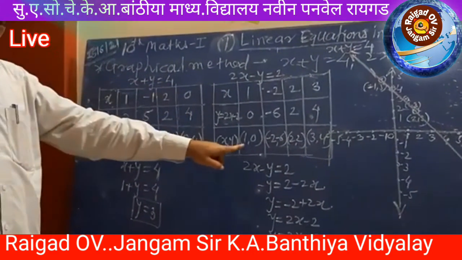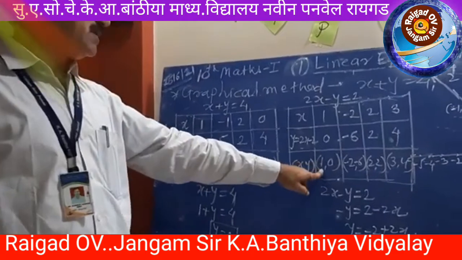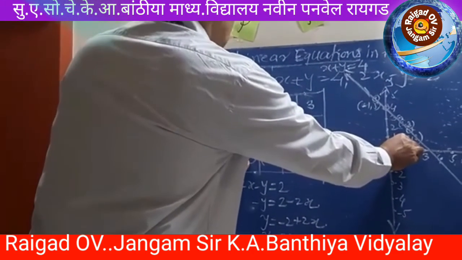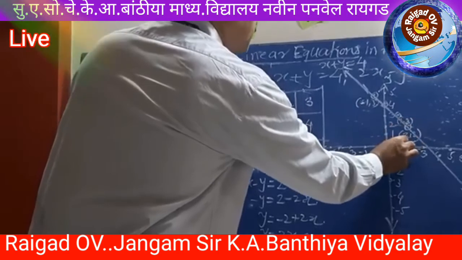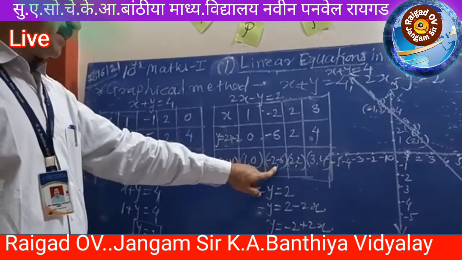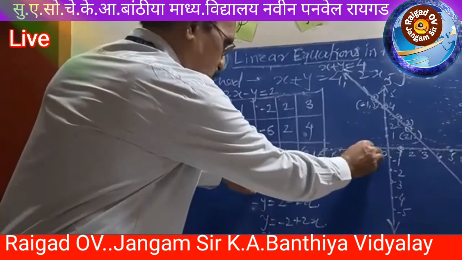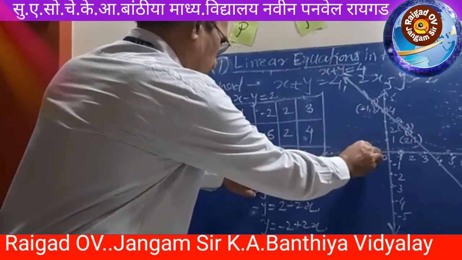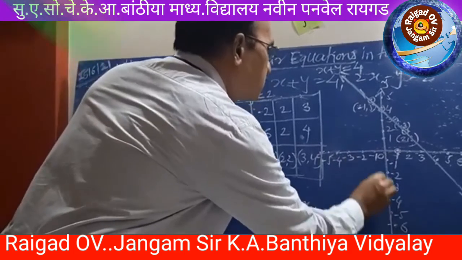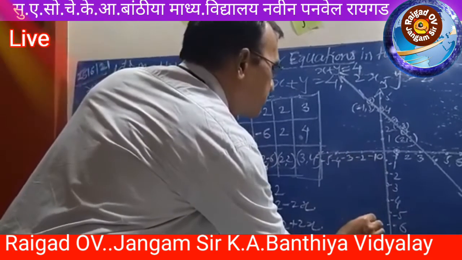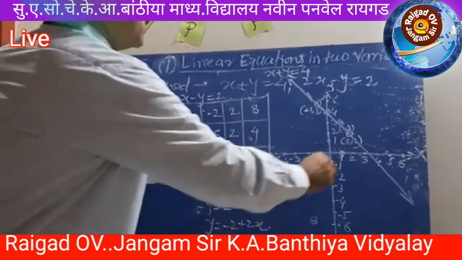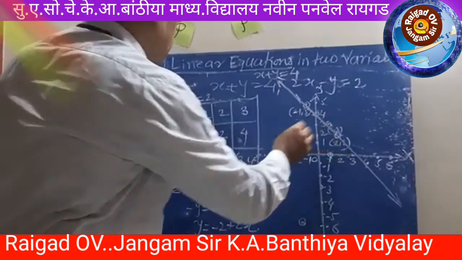Similarly, you can plot these points (1, 0). 1 is on x-axis here. Then 0 is on y-axis. Means this first point is here on x-axis. Then (minus 2, minus 6). Here minus 2 on x-axis and minus 6 on y-axis. (Minus 2, minus 6). This is second point. (2, 2). This is same point in first quadrant.